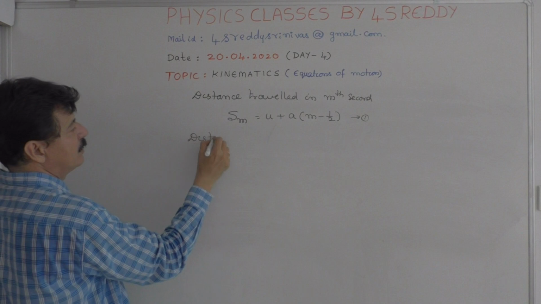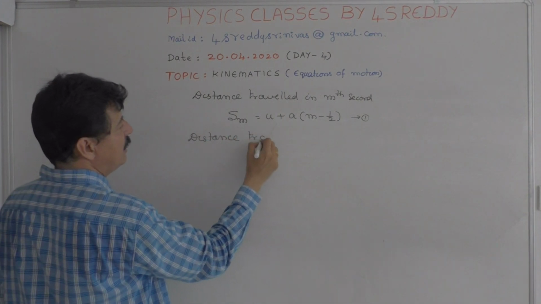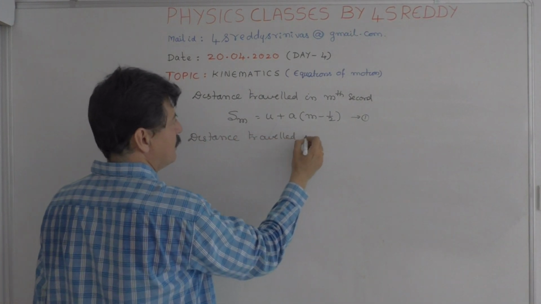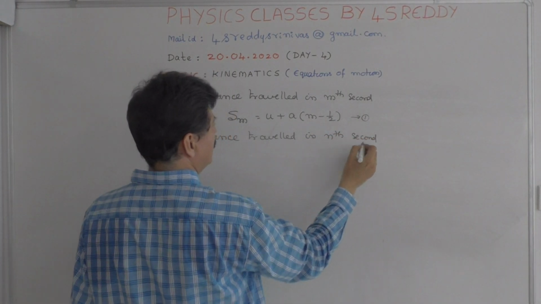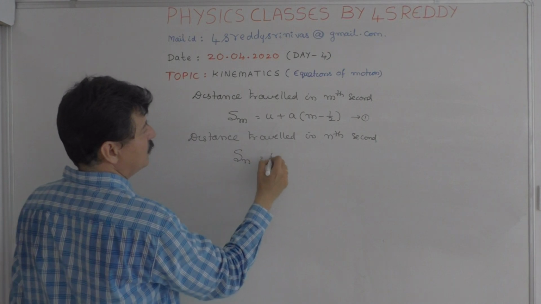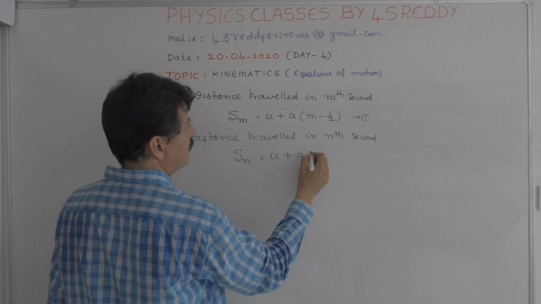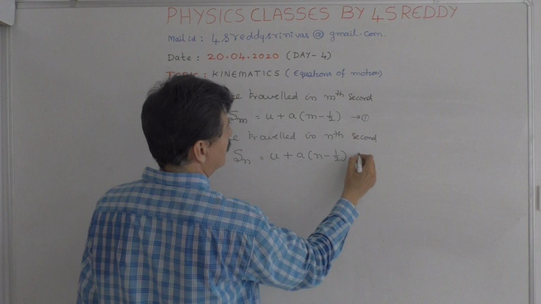Similarly, the distance traveled in the nth second, if you are asked to find out, Sn equals u plus a into n minus half.